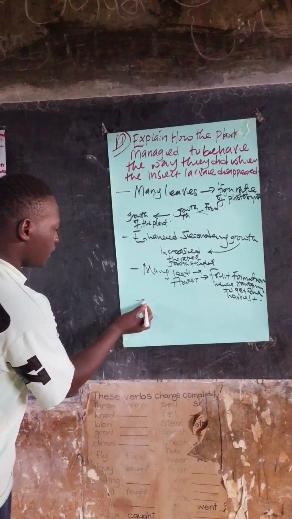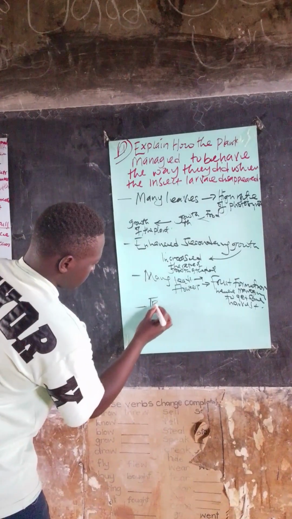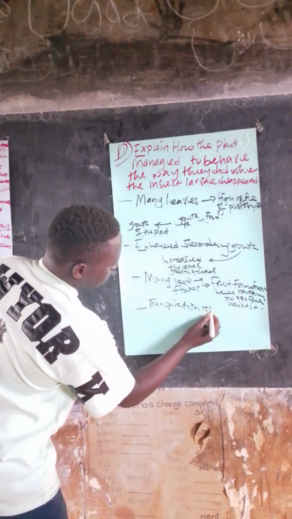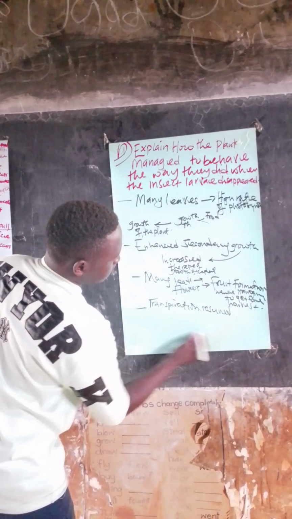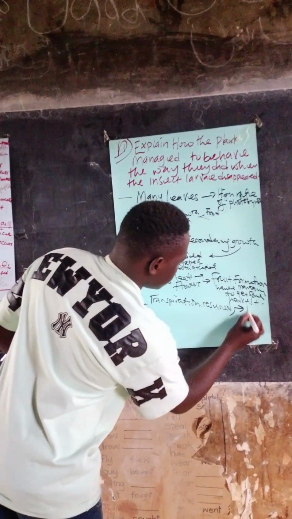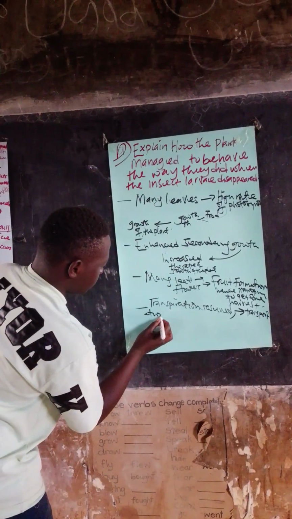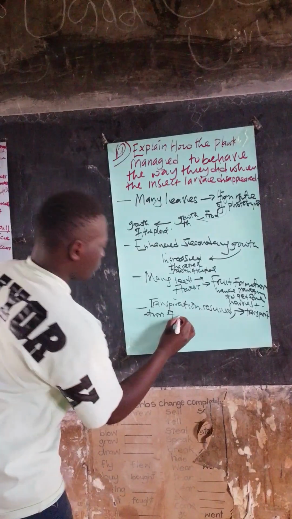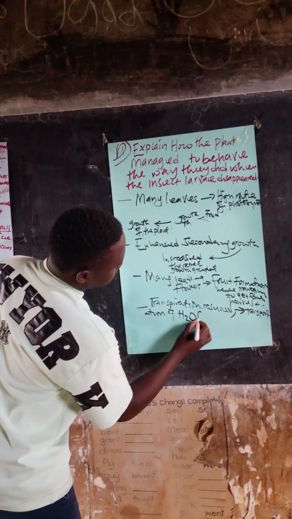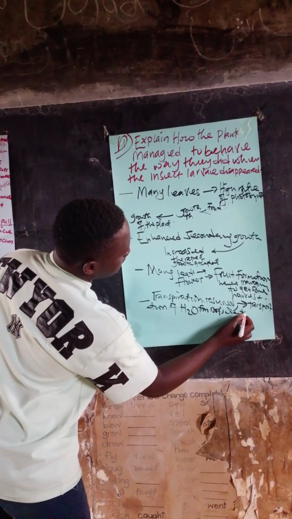Another point here which you can talk of, transpiration also resumed, which led to transportation of water from the roots where it is absorbed to the leaves.